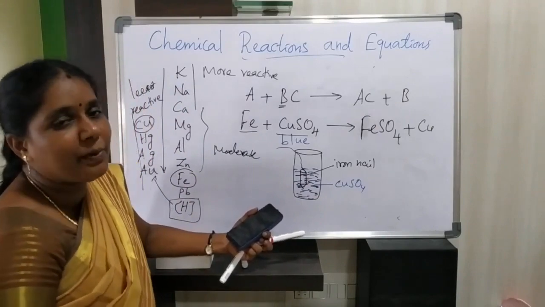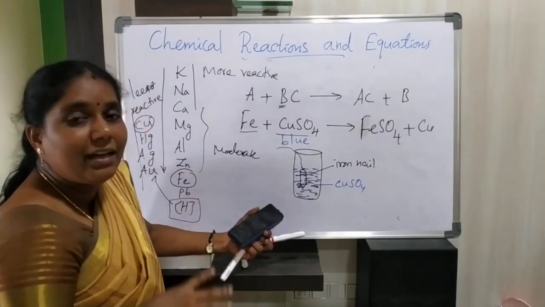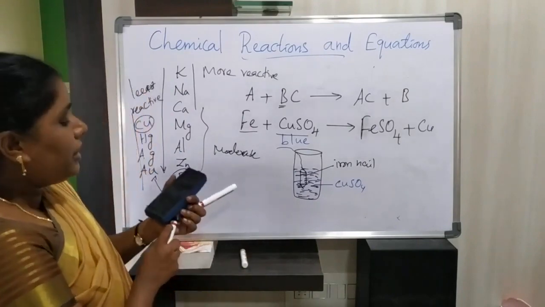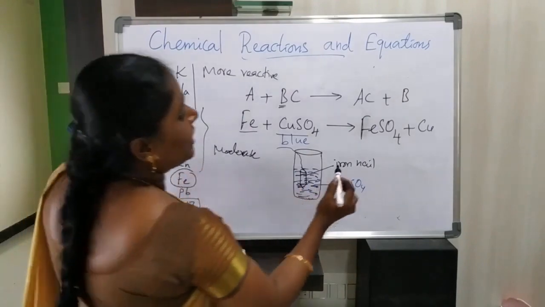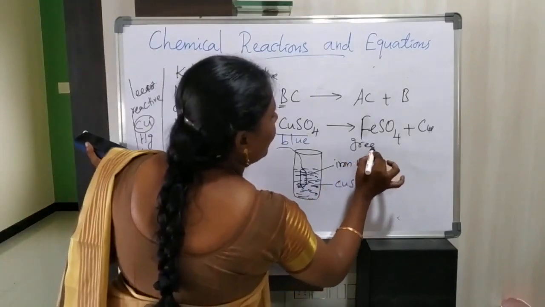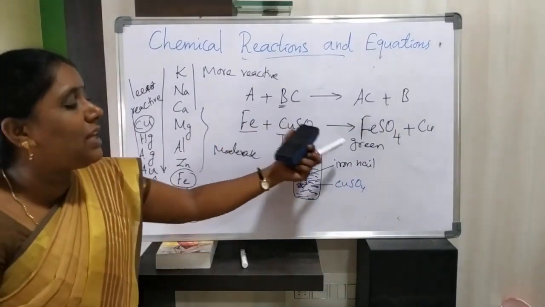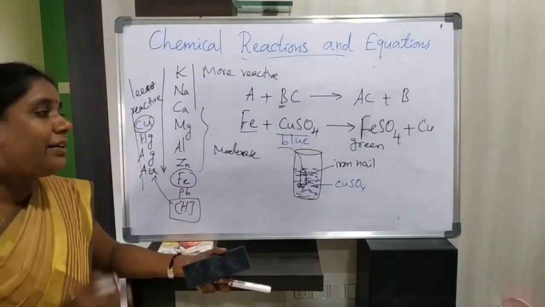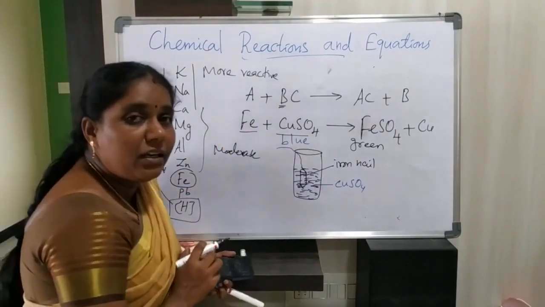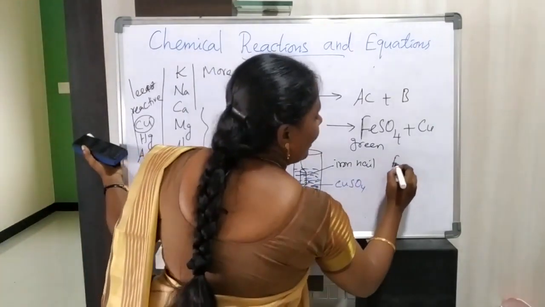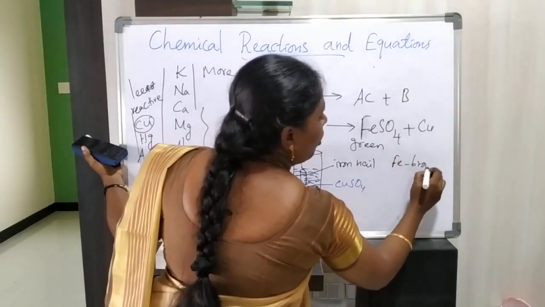Then slowly the iron reacts with that copper sulfate solution, and finally the blue color copper sulfate solution changes into green color. Here iron acquires a brownish look.